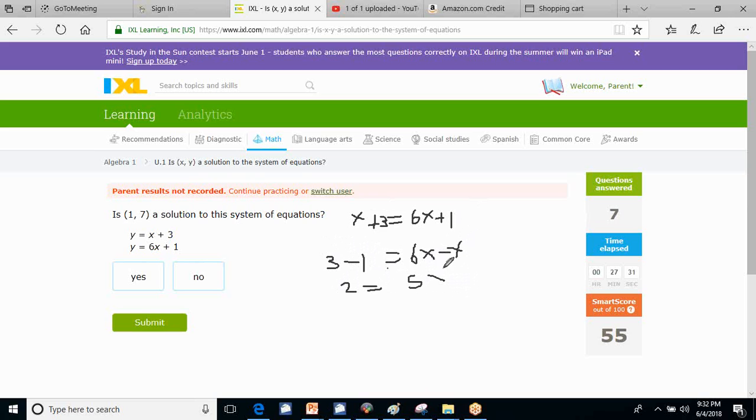So x is equal to, if you divide both sides by 5, 2 divided by 5.